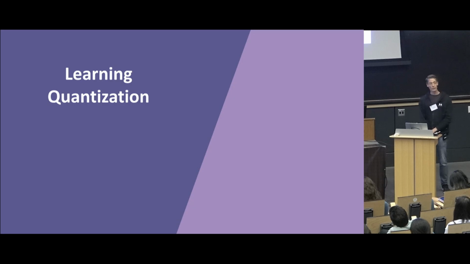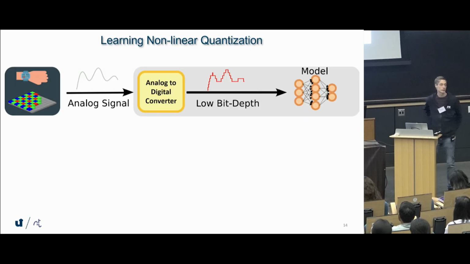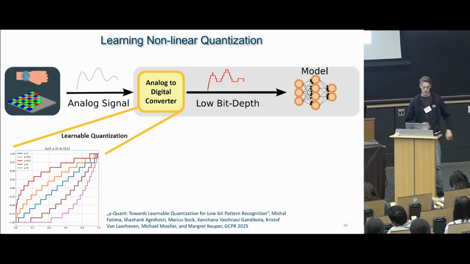As another example, I would like to pick something along the imaging pipeline, namely the quantization. So most of our sensors use some physical effect to first generate an analog signal, which then gets digitalized in an ADC, so an analog to digital converter. And this comparison here in the ADC is typically done in a linear fashion. And we were wondering, specifically at low bit depth, does it make sense to choose the thresholds for the quantization differently?